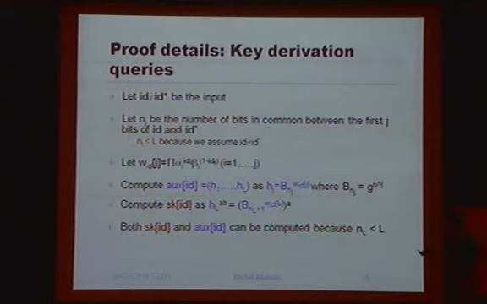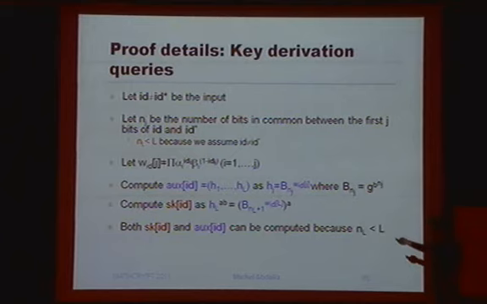So we can see that aux ID for a given identity can be computed as B raised to this power WID, which we can easily compute because we know all these values.